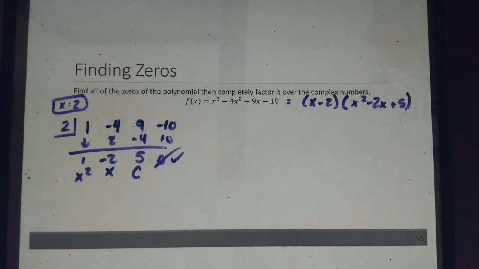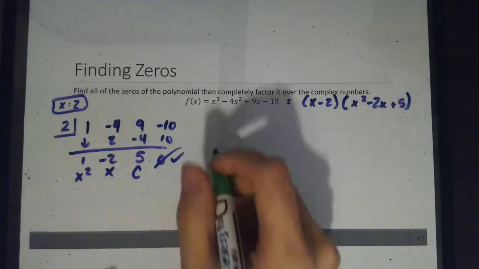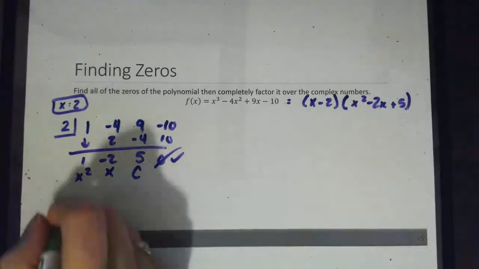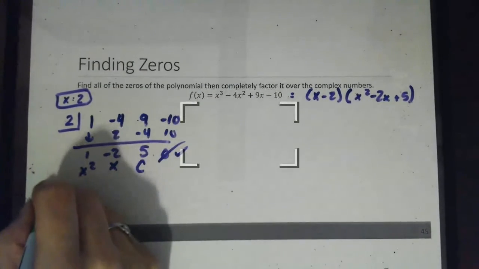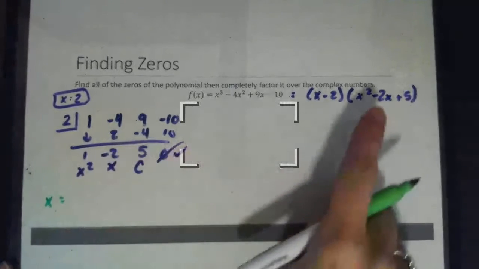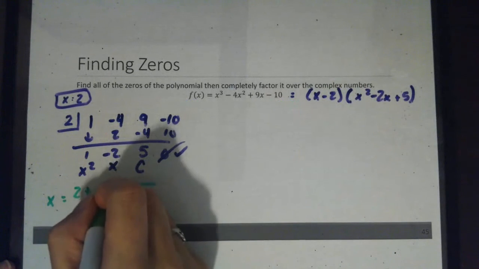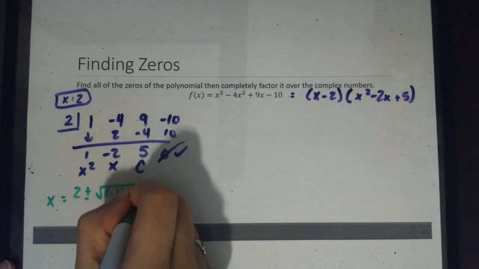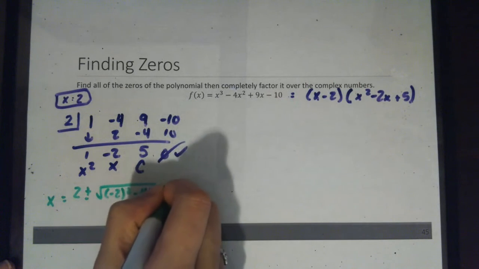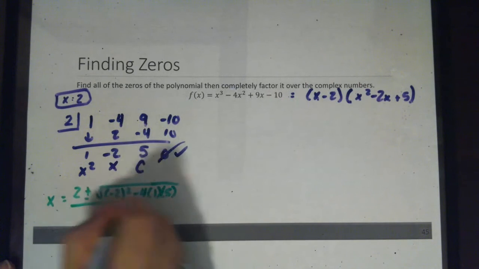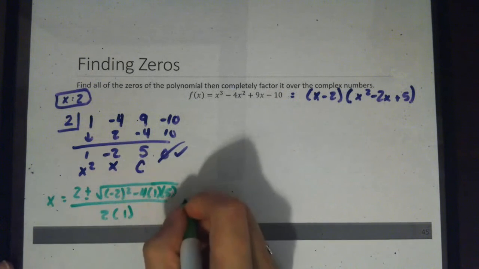Well, I know how to solve that thing equal to 0 if I use the quadratic formula. So x equals negative negative 2, so positive 2, plus or minus the square root of negative 2 squared minus 4 times 1 times 5, all over 2 times our a value of 1.